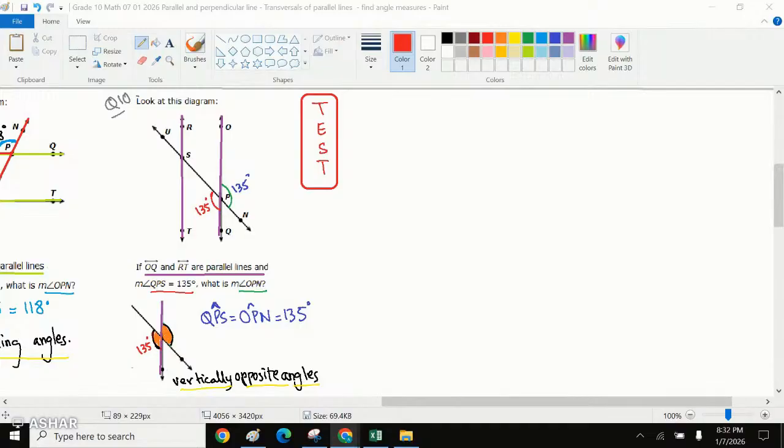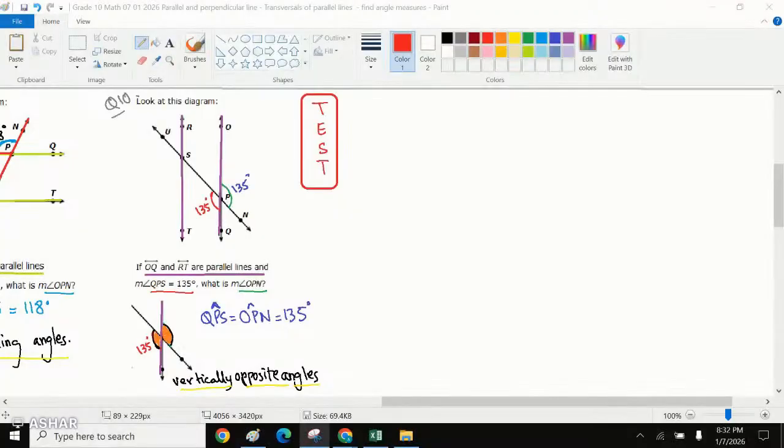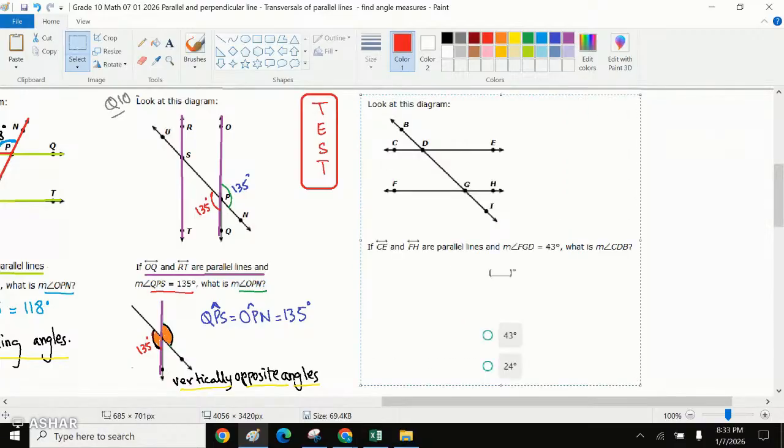So the first question we have is, the question will have 2 options next to it, right? I would want you to pick the correct option, if it's option A or option B. This is question number 1 from the test. The 2 options we have are 43 and 24.